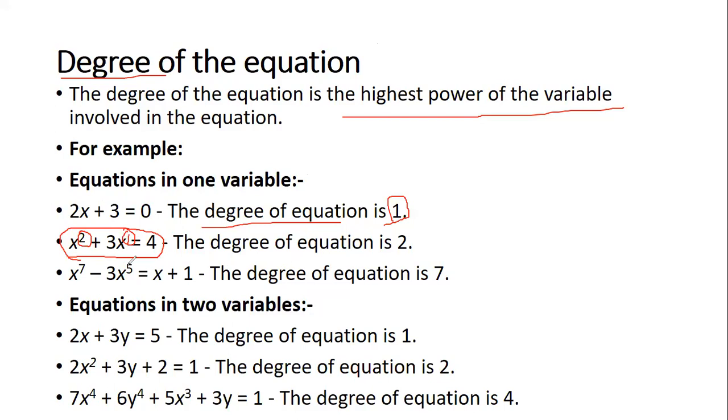Correct? Now, out of 2 and 1, which is the higher number? 2. So the degree of equation in this equation is 2. Okay, understood? Are you all able to follow?